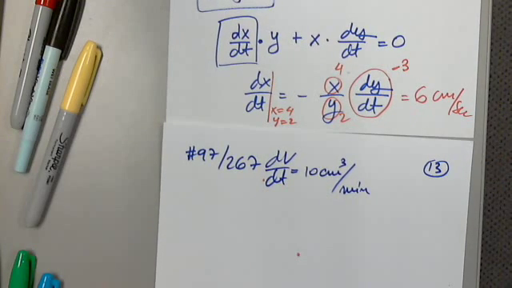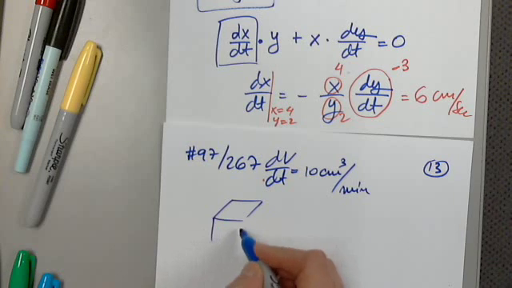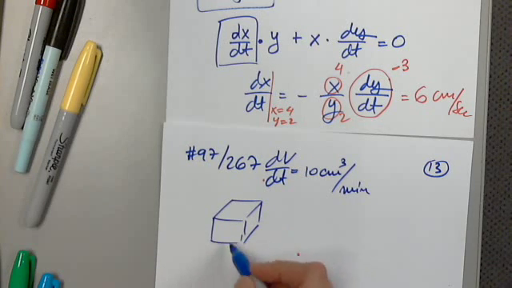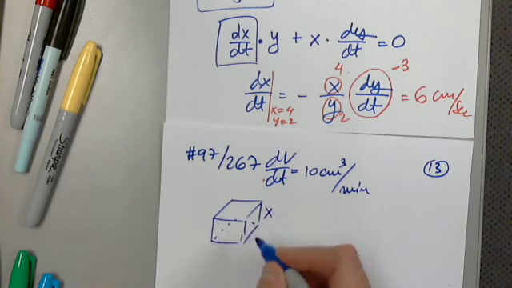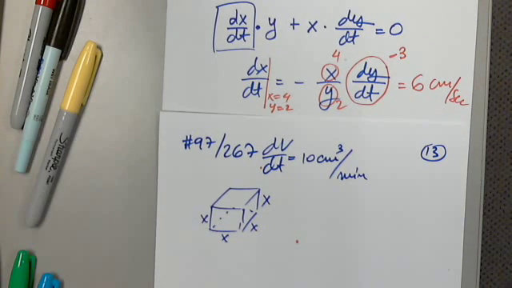Good. So here's a cube. So x, x, x, x. How fast is the surface area increasing when the length of one edge is 30?